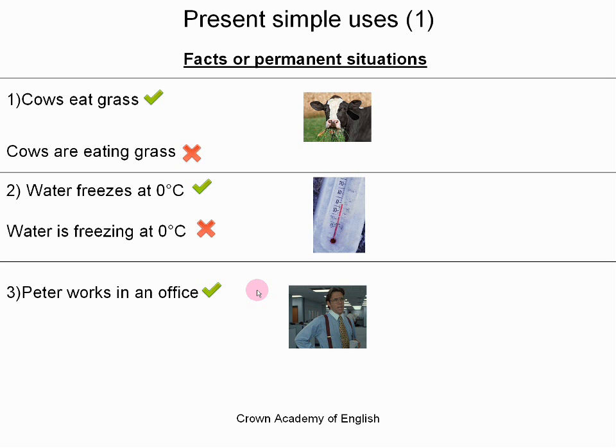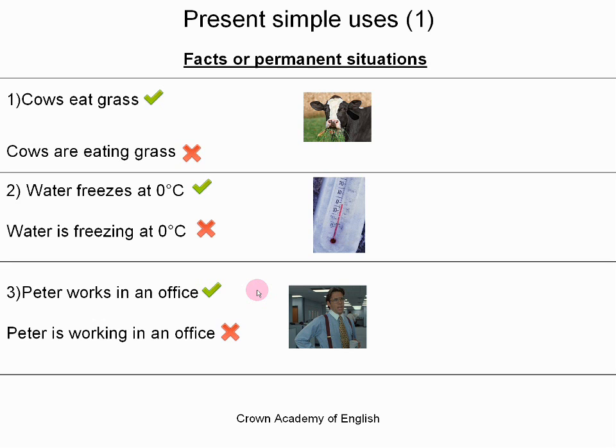Okay? So when we want to say this, we do not say Peter is working in an office. Again, that sentence is grammatically correct, but the meaning is something else. The meaning of Peter is working in an office, that means he's working in an office now, but maybe in a few minutes' time he'll be working outside.